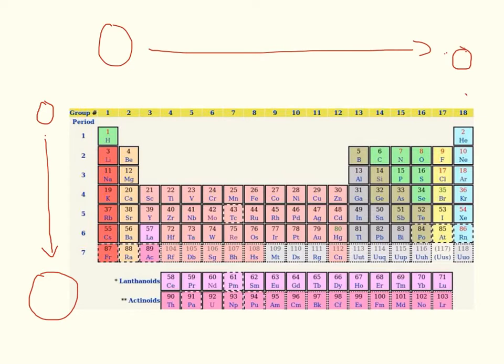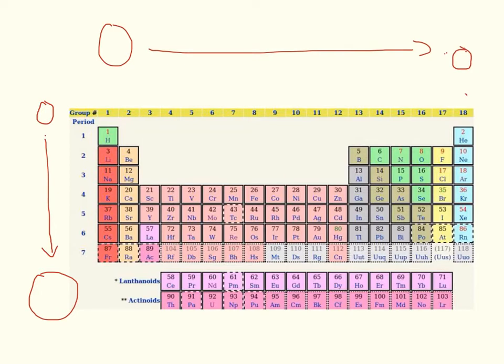The reason why it gets smaller as I go from left to right is counterintuitive, because you would expect that as you get more protons and more electrons and more neutrons, the atom should get bigger. But as we are measuring the atomic radius, which is just from the nucleus to the outermost electron, what tends to happen is as I add more protons, the charge of the nucleus actually gets stronger. And because the charge gets stronger, it's able to hold those electrons much more tightly towards the nucleus.